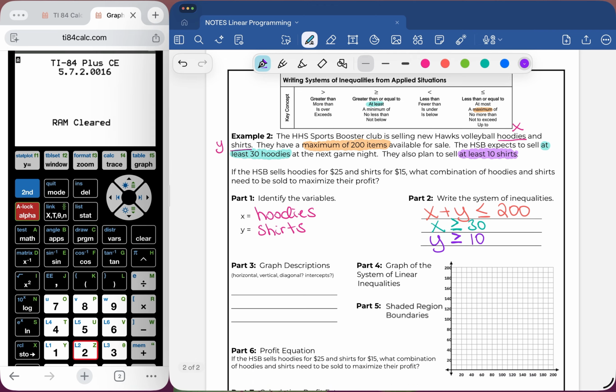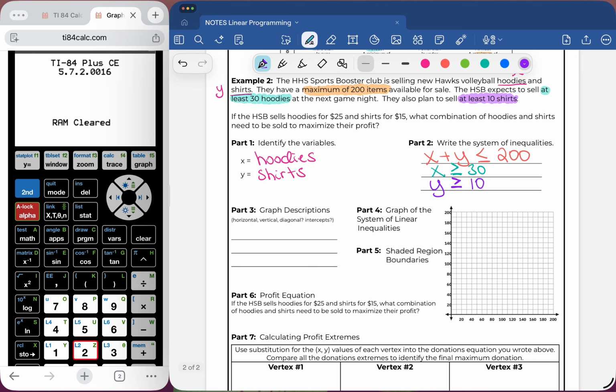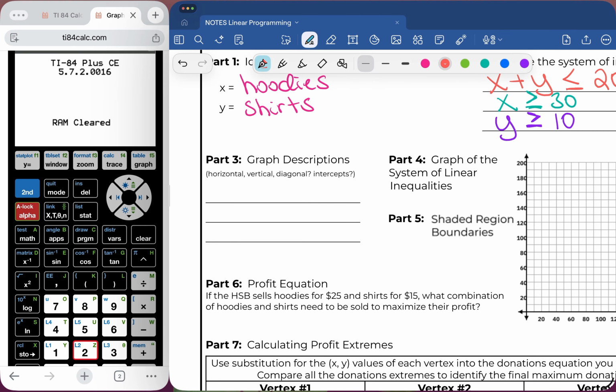So for our graph descriptions, let's think about what these inequalities are going to look like. Are they horizontal? Are they vertical? Are they diagonal? How will I need to graph these? So for that, X plus Y is less than or equal to 200. Because it has both variables, this is going to be a diagonal.